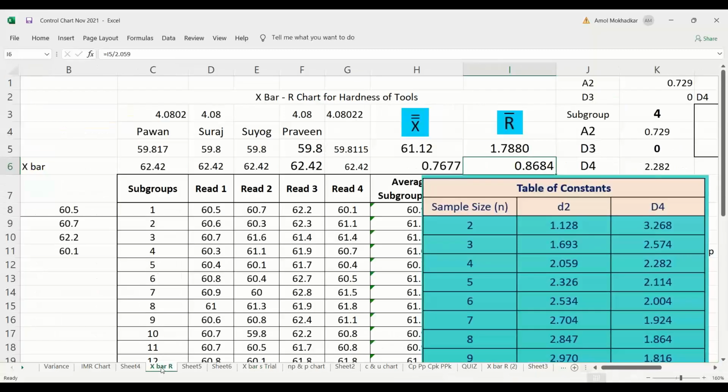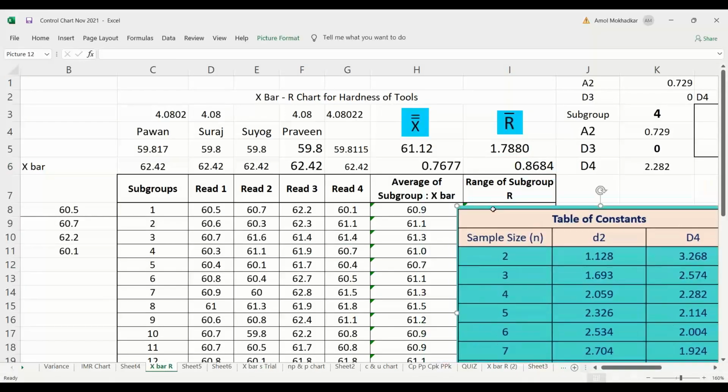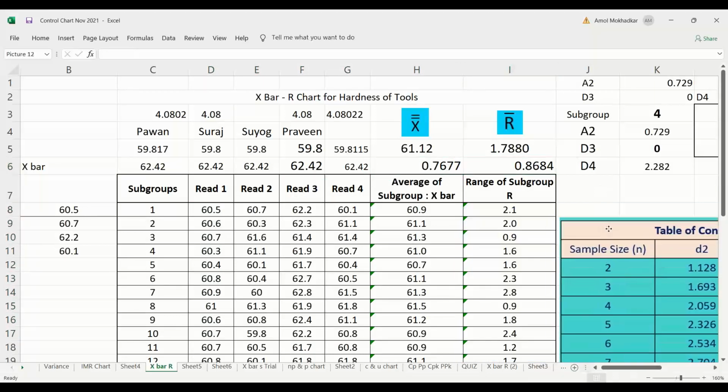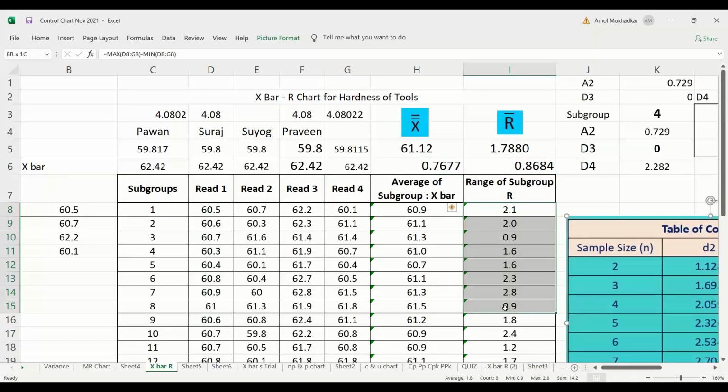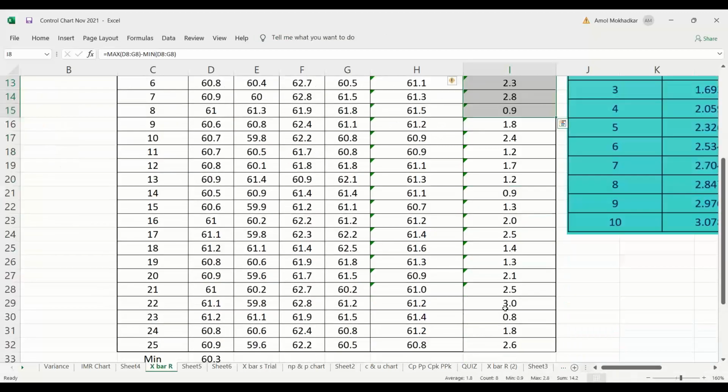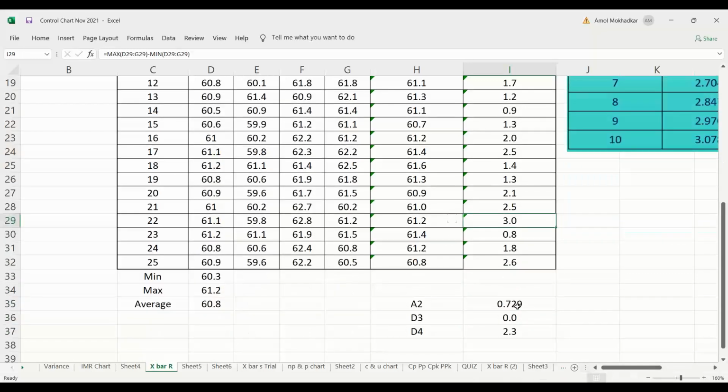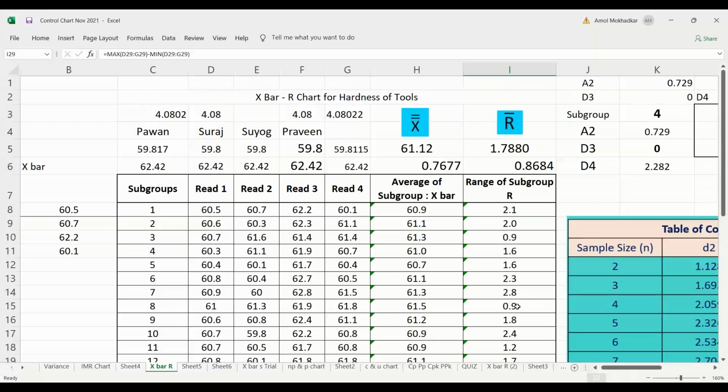Similarly in the X bar R chart, you calculate this and then utilize the entire data. Within is lower, so somewhere there might be a special cause present. You can see clearly here also the range here is different, the range here is different. It means a lot of difference is there. You need to study this.